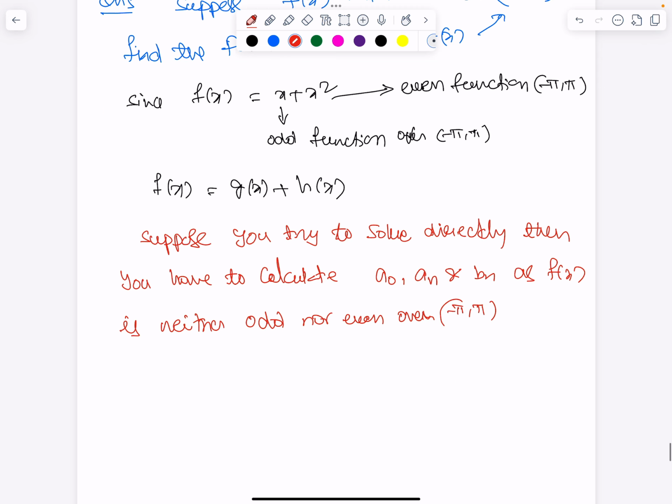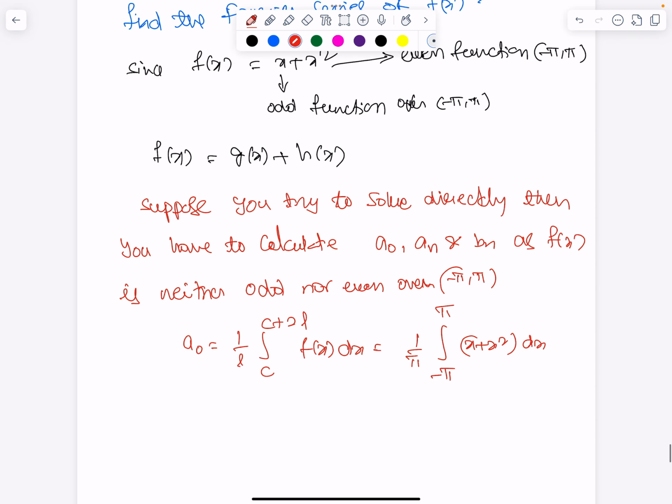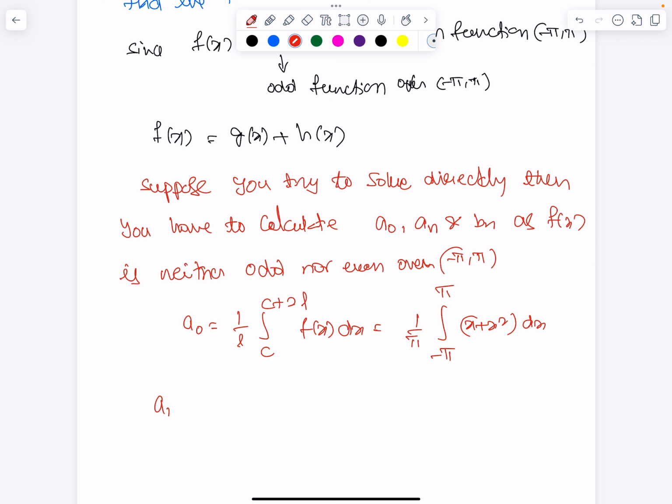So, it is tedious. To calculate a0, which is 1 by L integral from c to c plus 2L of f of x dx, we have seen that it is 1 by pi integral from minus pi to pi of f of x, which is x plus x square, dx. Of course, this is handy to you, but what about an?